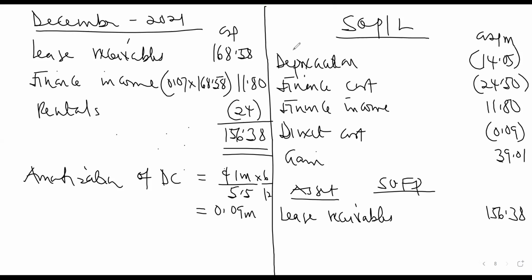The next one will be the direct cost, the amortized side of the direct cost, 1 minus 0.09. What are we having? Okay, 0.91.